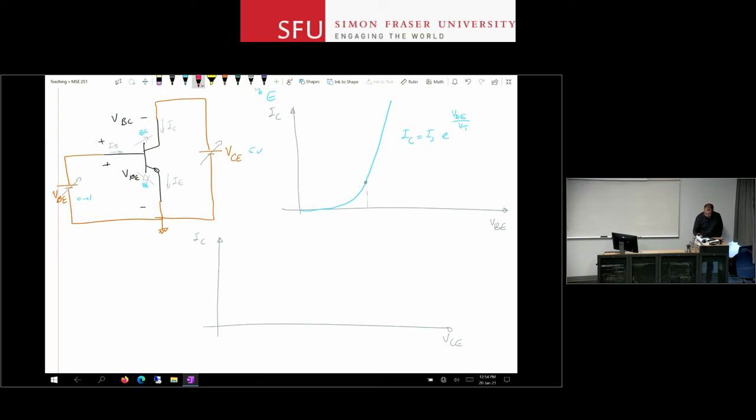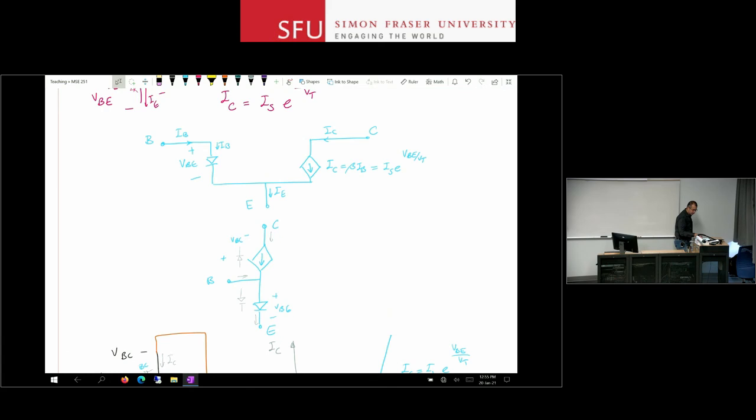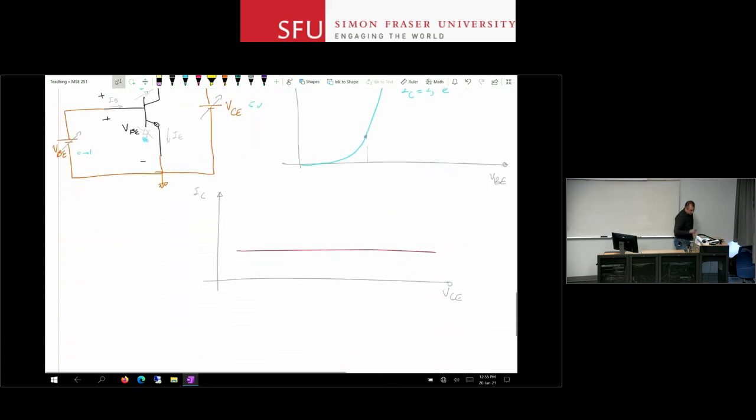This is what I wanted. This is actually what I've been after. I get a current source. If I change VCE, it's as if I have a current source between these two terminals, which is what I wanted, right? And which is actually what is shown in the model here, the current source. So for a given VBE, I get a constant current.